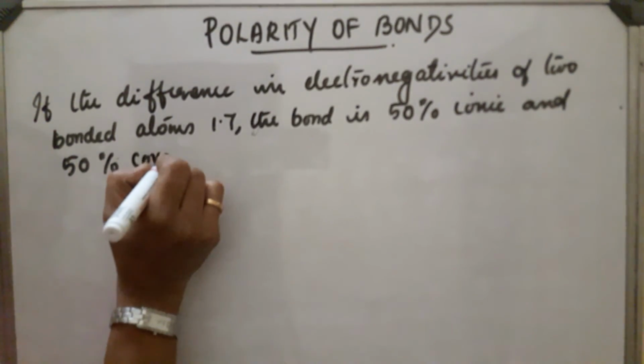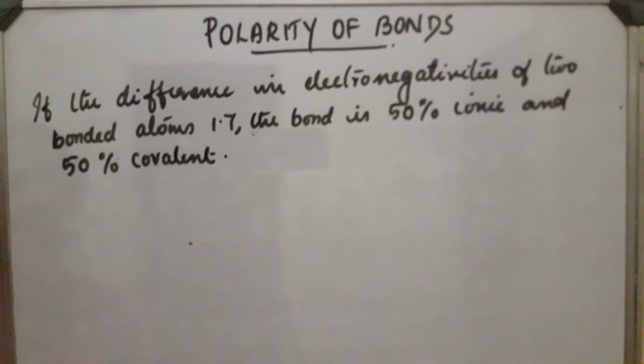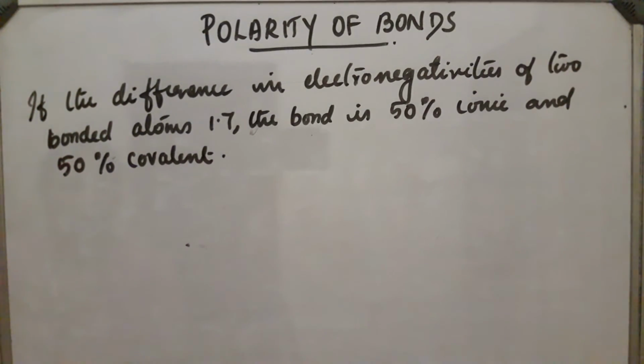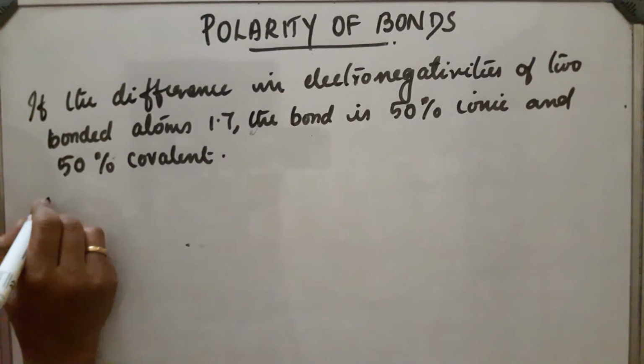If the difference in electronegativity is greater than 1.7, then the bond is mainly ionic, and if it is less than 1.7, then it is mainly covalent.